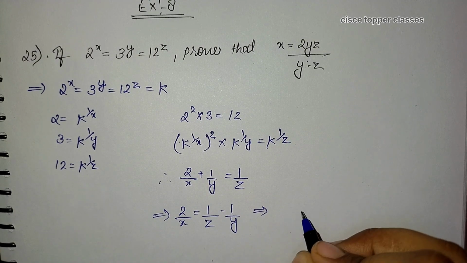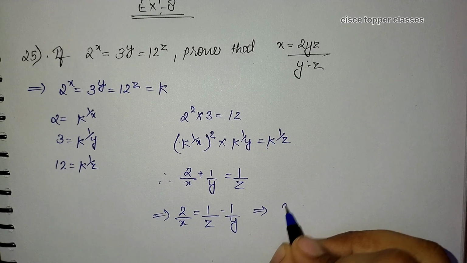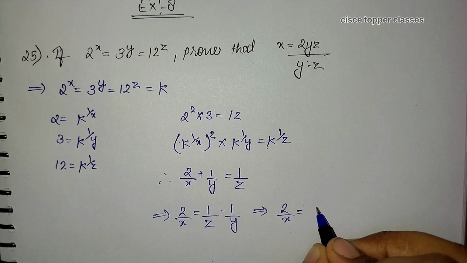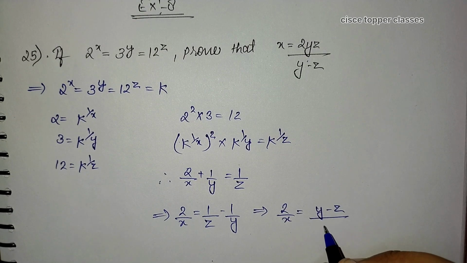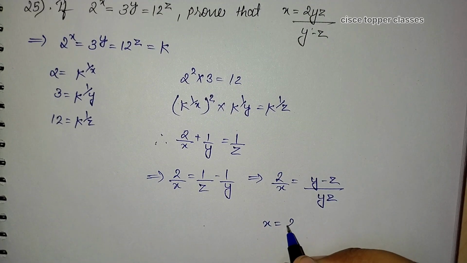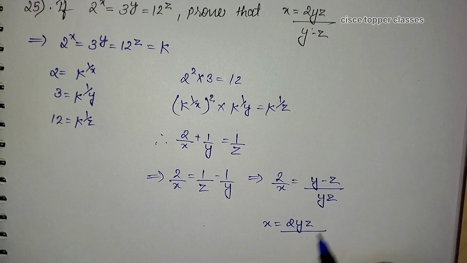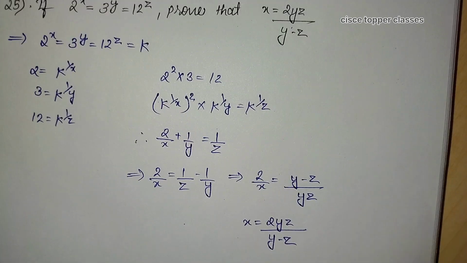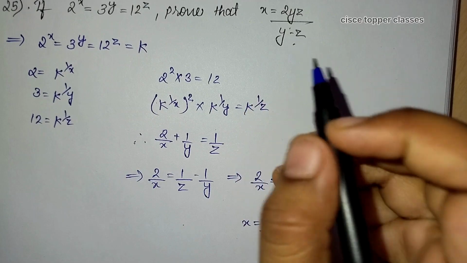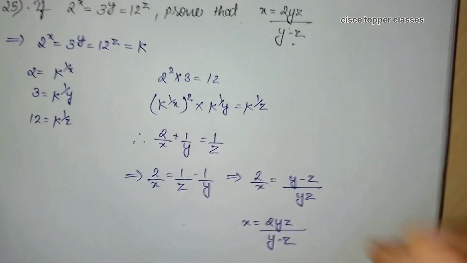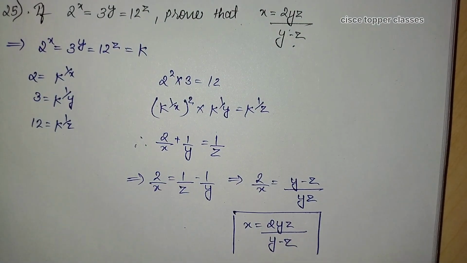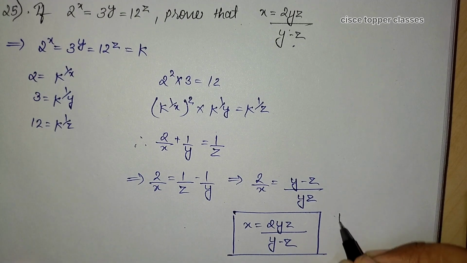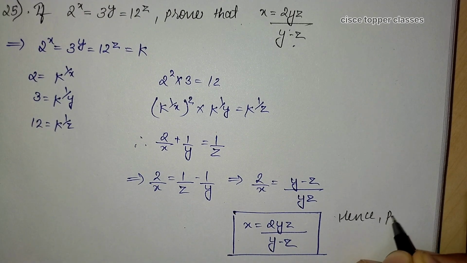On taking LCM, 2 by x is y minus z divided by yz, and if we find the value of x from here, it will be 2 into yz divided by y minus z. Hence it is proved that left hand side is equal to right hand side. Hence proved.